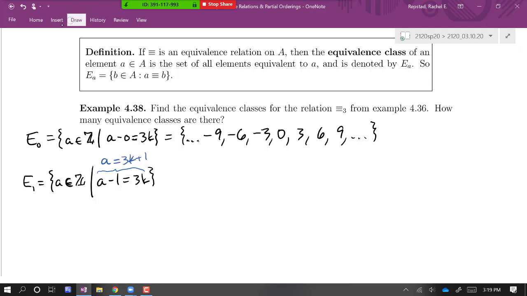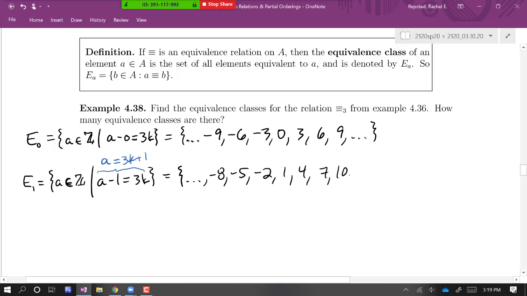Writing it that way is helpful because everything in this set is precisely 1 more than a multiple of 3, so it's easier to come up with the elements. We just wrote down that the equivalence class of 0 was all multiples of 3. This equivalence class is everything that's 1 more than a multiple of 3, so I'm just going to add 1 to each of those elements. So -8, -5, -2, 1, 4, 7, 10.